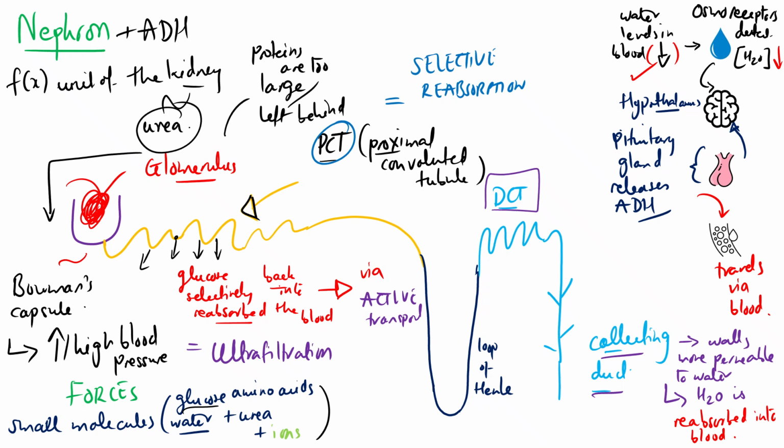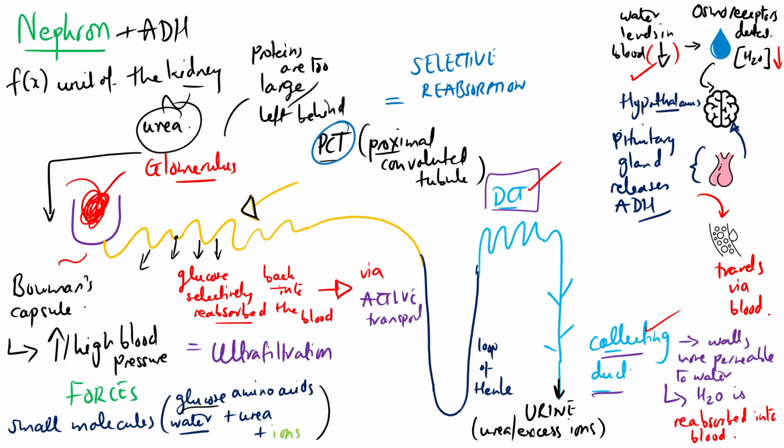But that makes sense, the DCT walls are more permeable, the collecting duct's more permeable. What does it mean in terms of urine? It's because urine's going this way, isn't it? Think about all the stuff that's toxic, like urea and those excess ions. My question to you is, what is the fate of urine? Put your hands up if you think urine is more dilute, since more of the water has returned back into the blood.